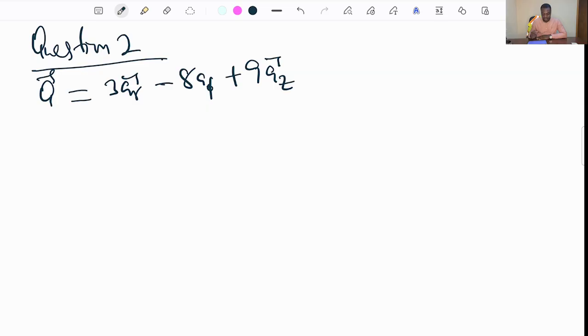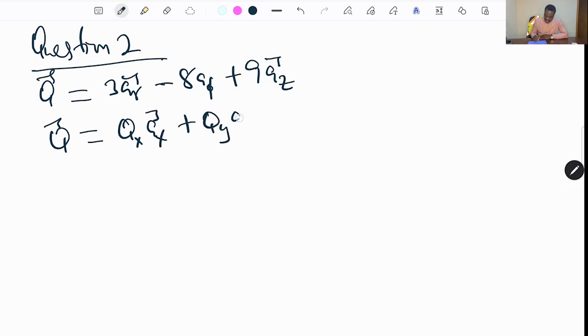Now that we know this, we are to transform it to the rectangular coordinate system, which is just the same as the Cartesian coordinate system. So our future vector Q is going to be expressed in rectangular coordinates, meaning Q_x along the x-axis plus Q_y along the y-axis plus Q_z along the z-axis.